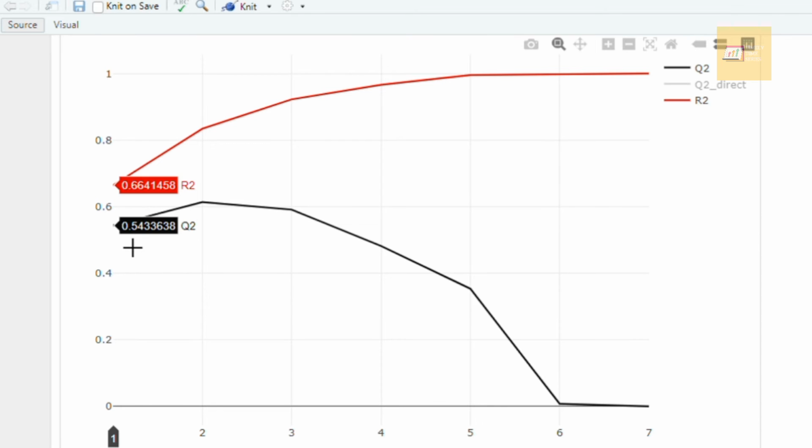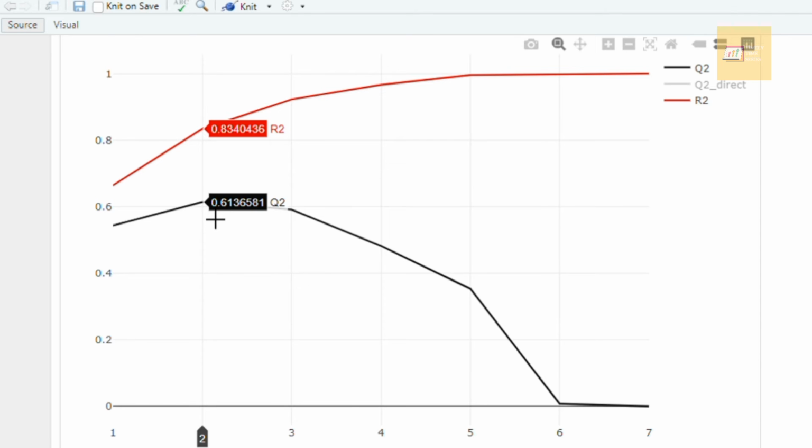Okay, and then for the Q squared, this is like R squared, but the cross-validation one. The lower the Q squared, the less meaningful the principal component in trying to explain the whole data. And looking at this plot, I want to use 2 and 3 principal components later. So I want to try using 2 different values for k, that is 2 and 3.